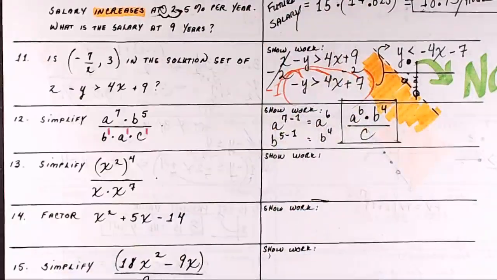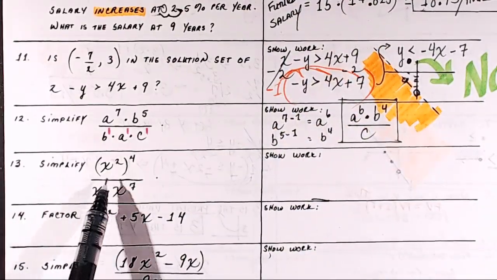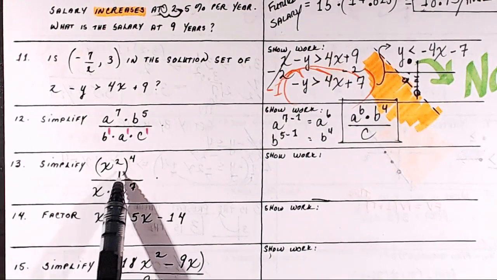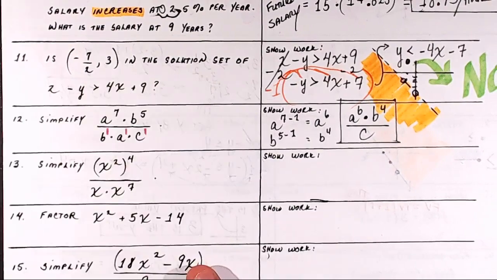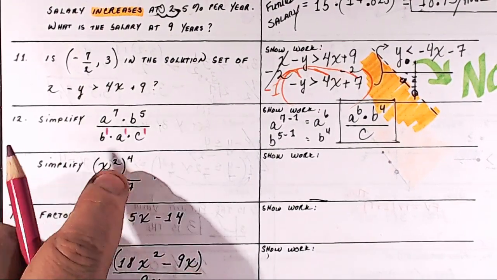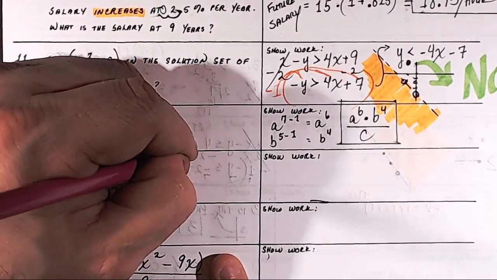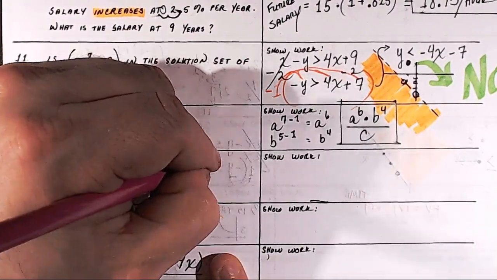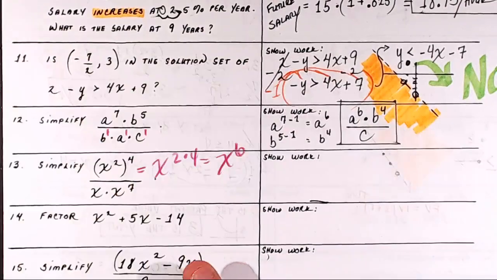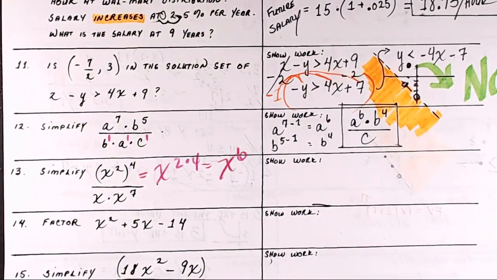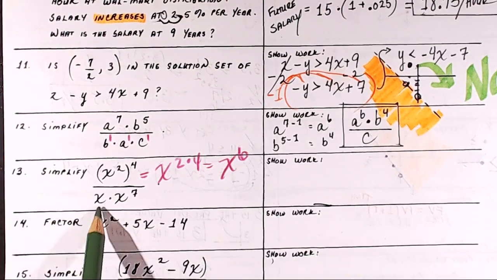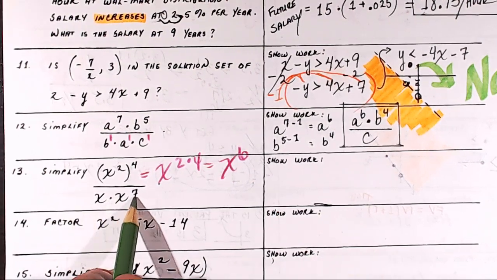No problem there. Number 13, simplified. This is the power rule. What I got to remember about the power rule is that I multiply the exponents. So this is equal to x to the 2 times 4, which is equal to x to the 6. That's the numerator. The denominator is using the product rule.